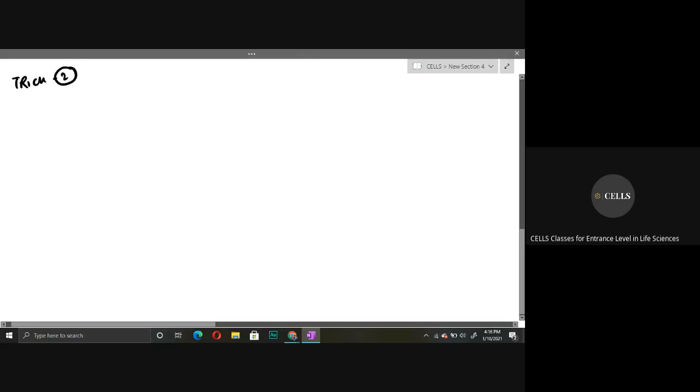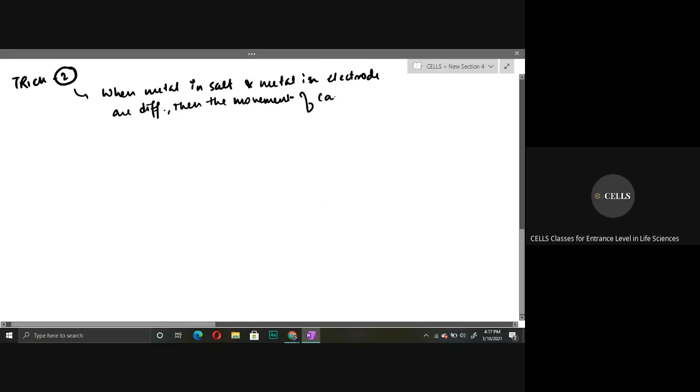Suppose the metal in the salt and the metal in the electrode are different, then the movement of cations and anions will be as per trick 1.